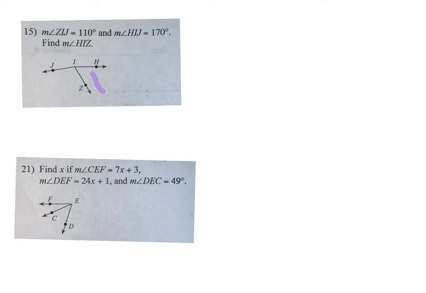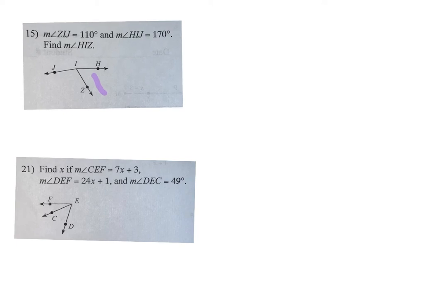All right, so again, I want to make sure I'm talking about the right thing. For this one, it says that angle ZIJ equals 110. HIJ, well, HIJ is this one, equals 170.